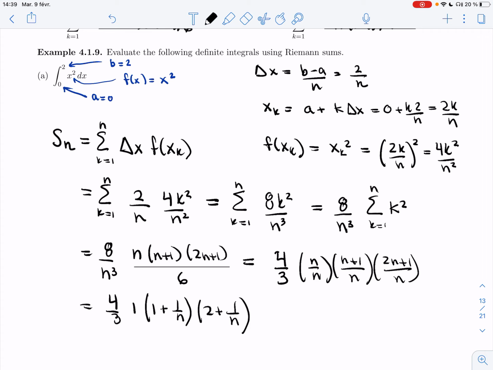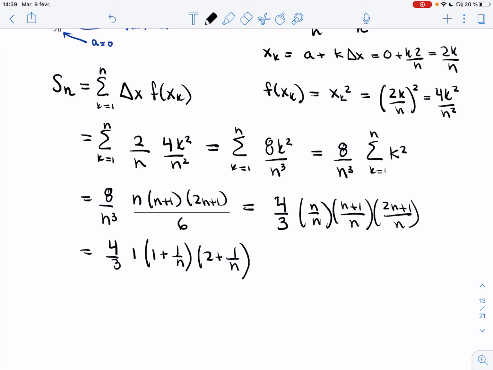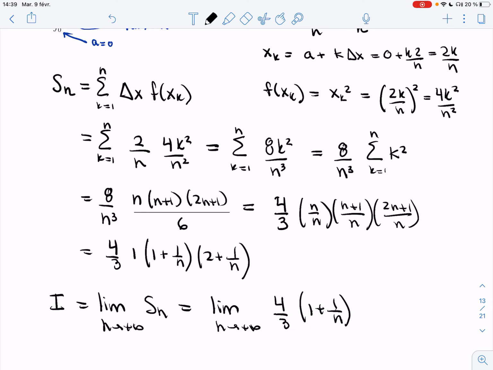And you can see, hopefully, that if I read it in this way, taking the limit is easy, which is what I need to do next if I want to compute the integral. So if I look at this limit, that's the limit as n goes to positive infinity of 4/3 times 1 plus 1 over n, times 2 plus 1 over n.